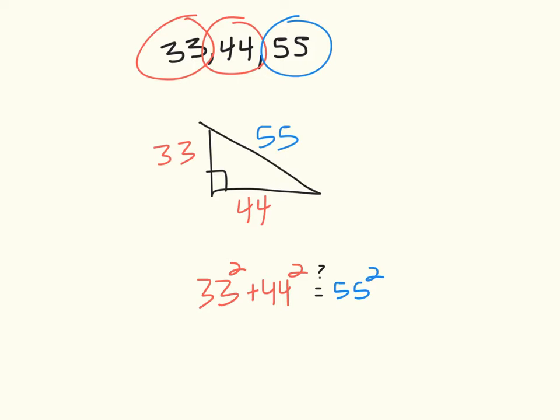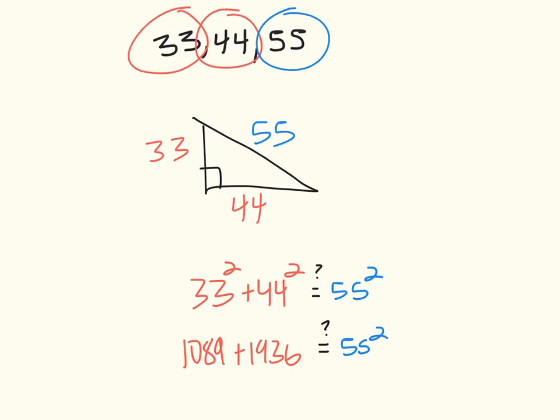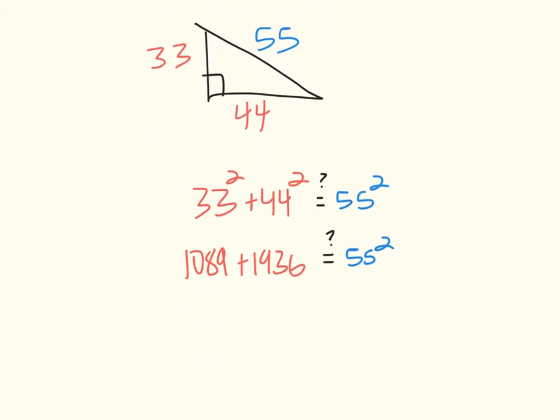33 squared is 1089 plus 44 squared, which is 1936. My question is, does that equal 55 squared? Let's find out. 1089 plus 1936 is 3025.